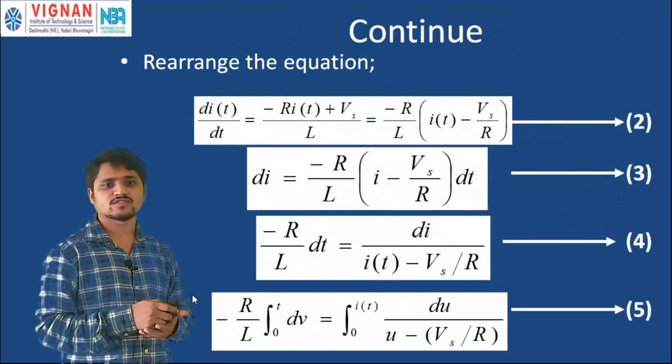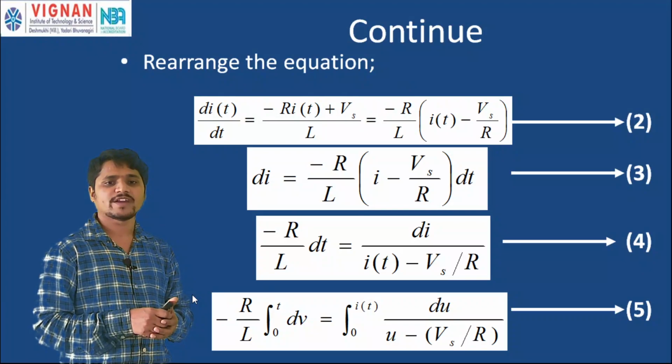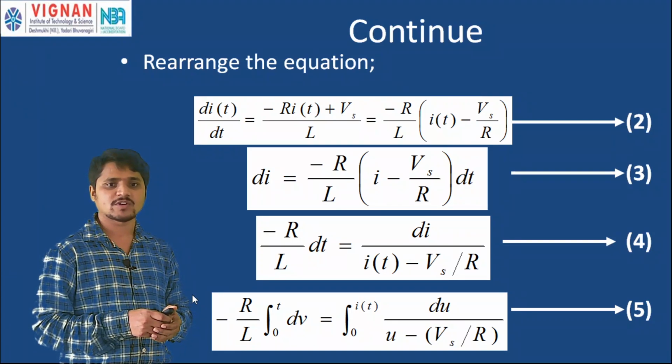Therefore, you will get di by dt equal to minus R by L into i of t plus Vs by L. Now take minus R by L as common: di by dt equal to minus R by L into i of t minus Vs by R. So this is equation number 2.